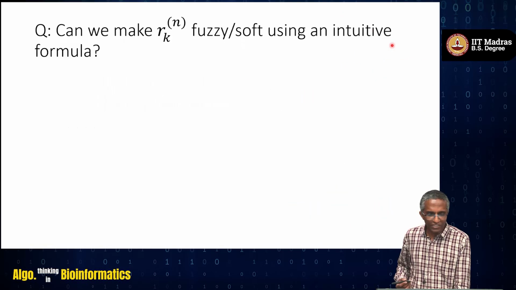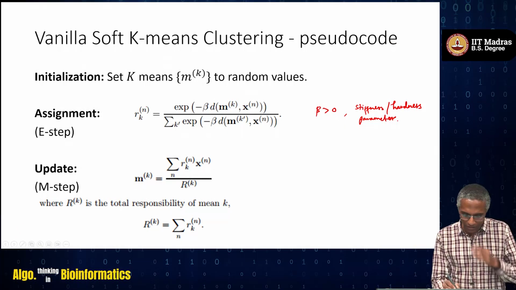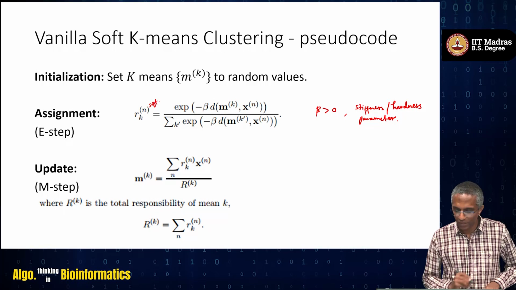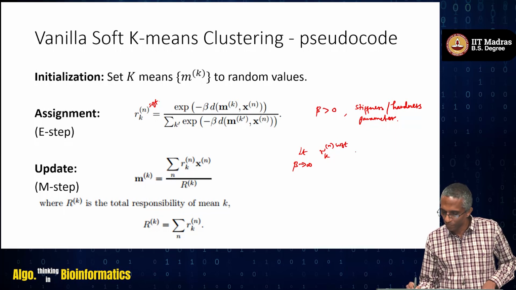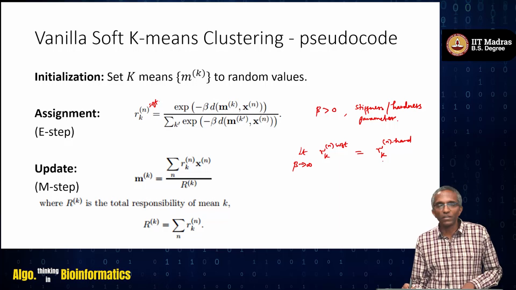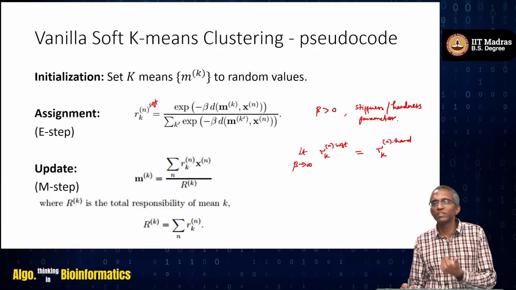And essentially, if beta is really huge, let's call this the soft version. So beta is very large, so in the limit beta tends to infinity, this Rk of n soft version will become the hard version. And what is the hard version? The hard version is this 1 0 vector. For this particular nth data point, whichever center is closest will get a 1, and everything else will get 0.